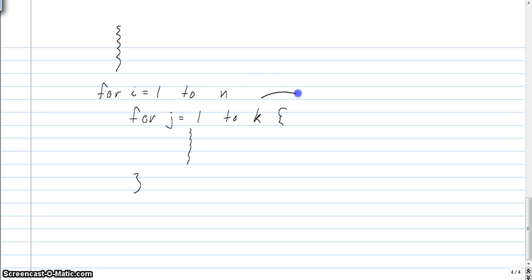Right, well, one way you could analyze something of interest might be, well, how many times would we execute this loop? How many times would the stuff in here get executed?